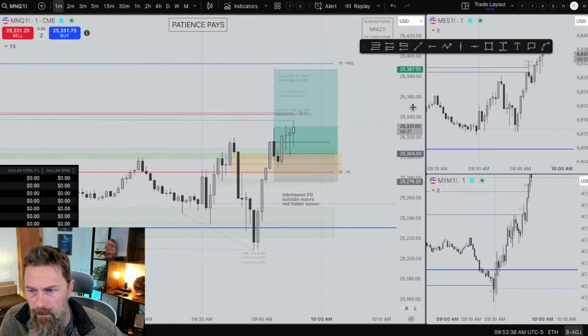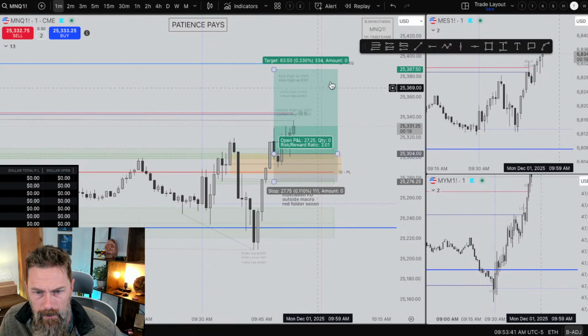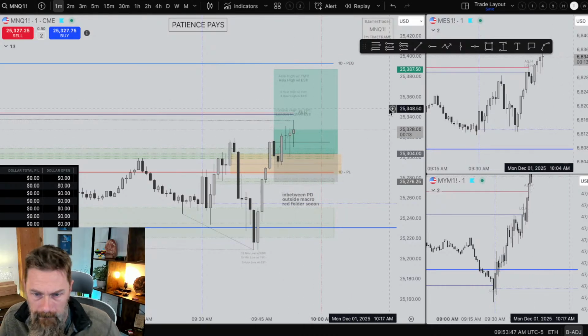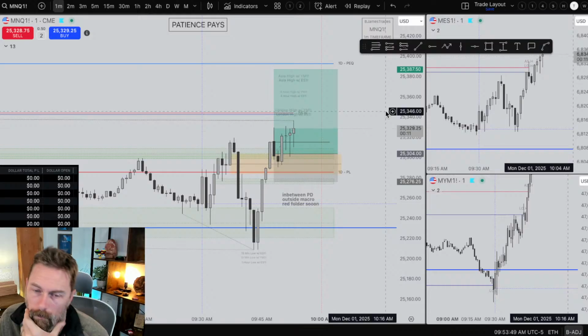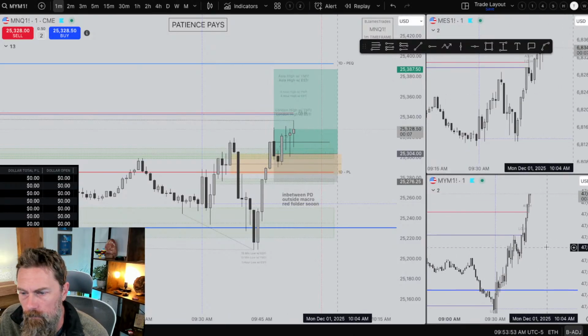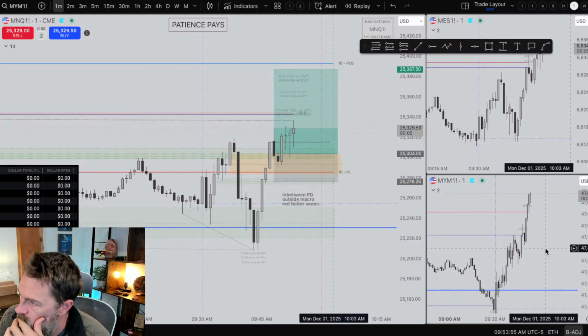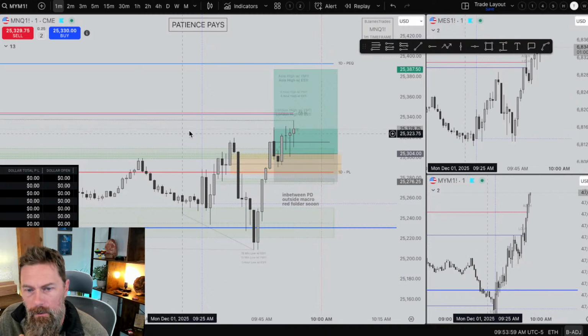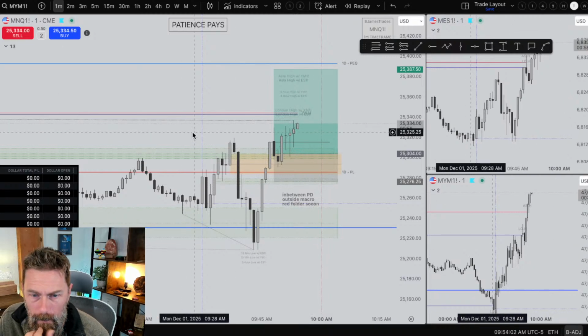Here on the 1 minute, just some high resistance. So these candles are closing near the open continually. We are 9:54.